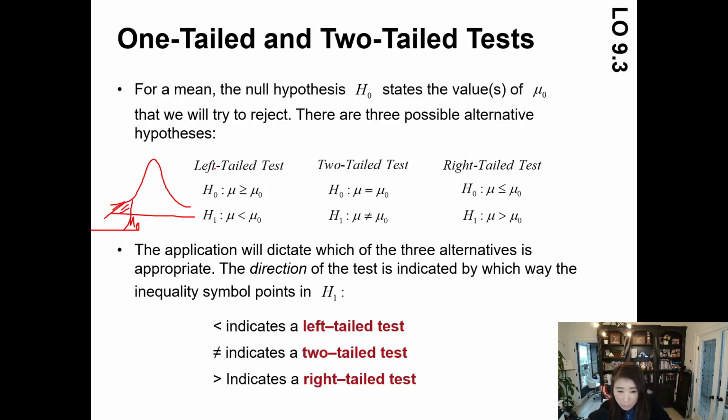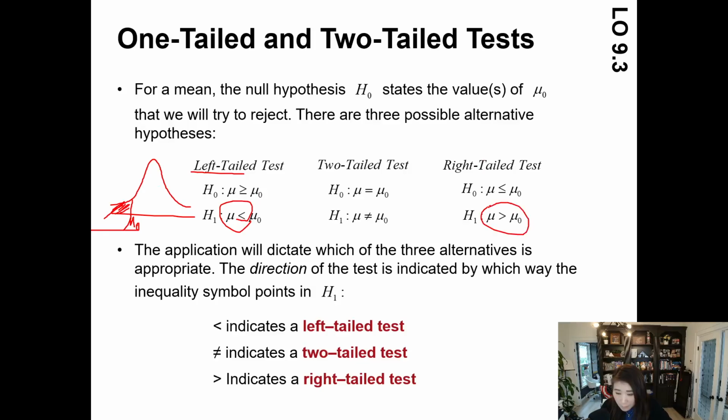So we call it the left tail test because we are focusing on the left tail of your normal distribution. Basically, how do you know it's left tail or right tail? It is focusing on your alternative, H1, because that smaller sign is telling you that it is left tail.